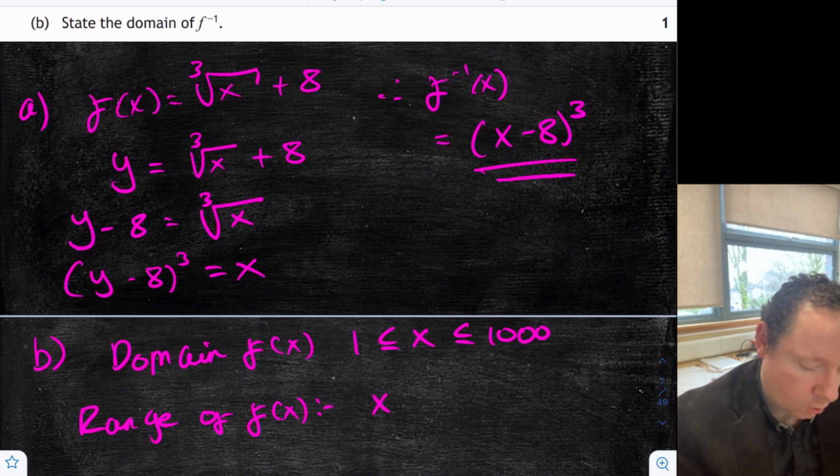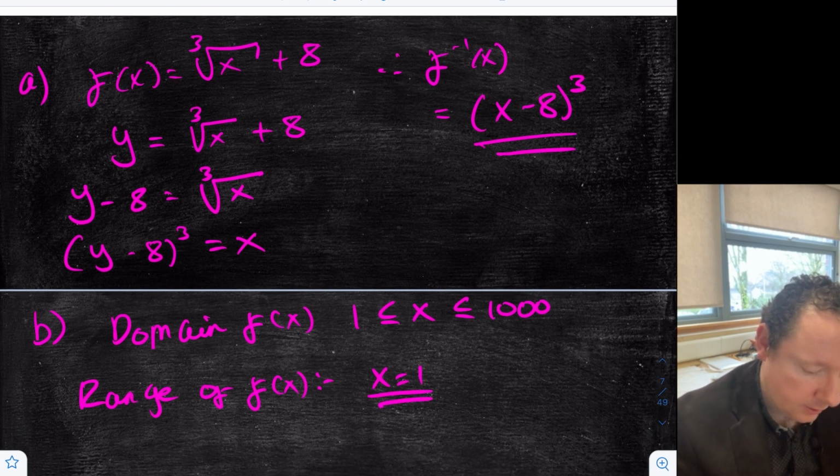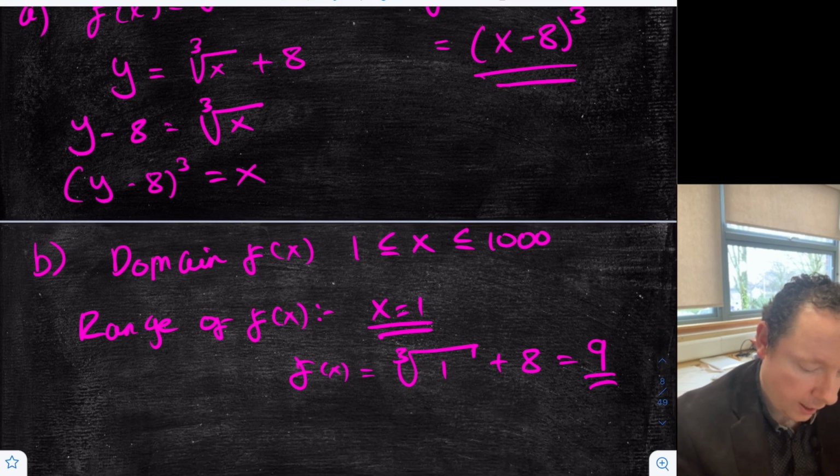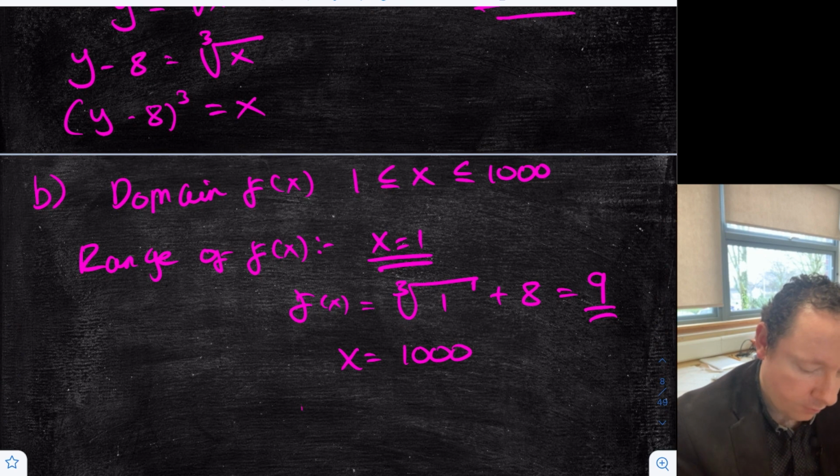So when x equals 1, f of x equals the cube root of 1 plus 8, which is equal to 9. And when x equals 1000, f of x equals the cube root of 1000 plus 8.